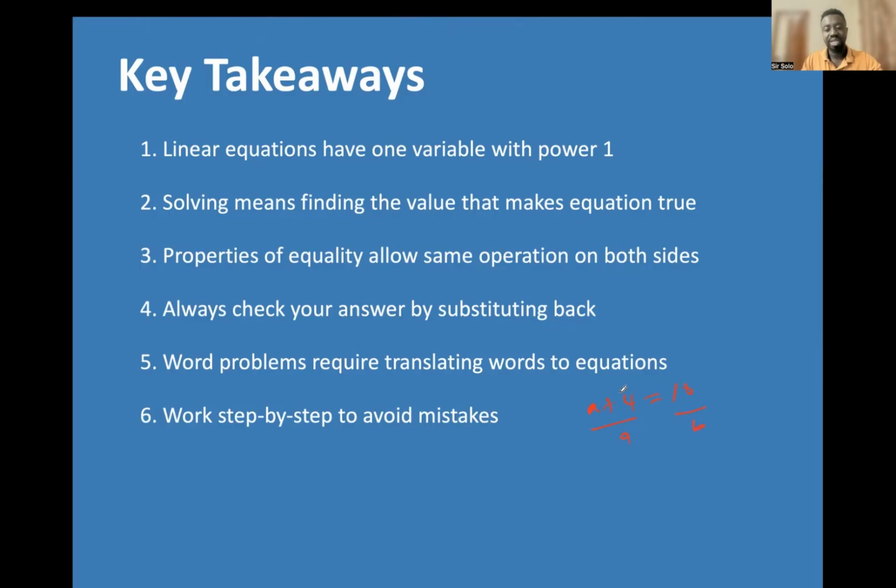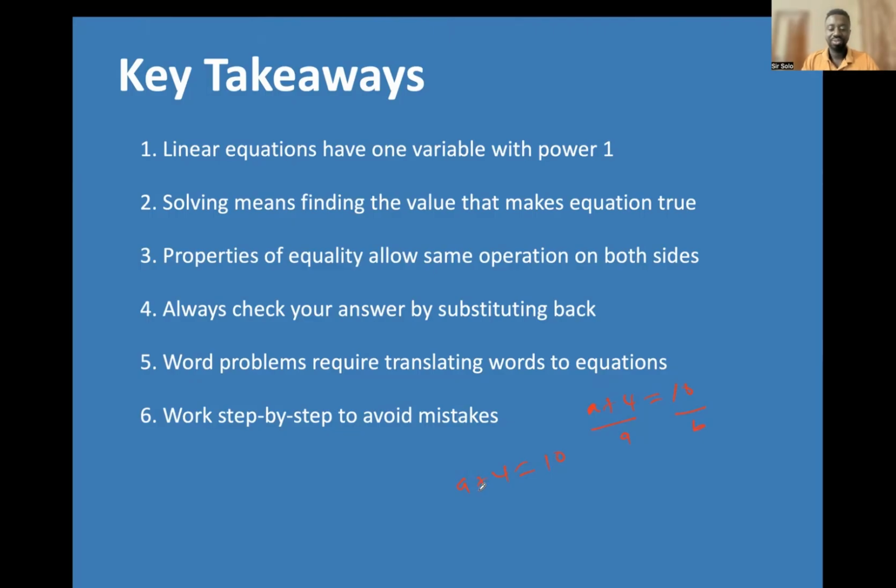If you have A plus 4 is equal to 10, and we want A to stand alone, this is also a linear equation. Maybe you use x or A. If we have only one variable, it is a linear equation.